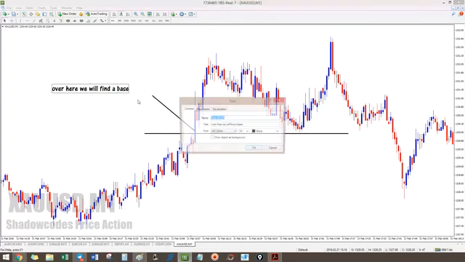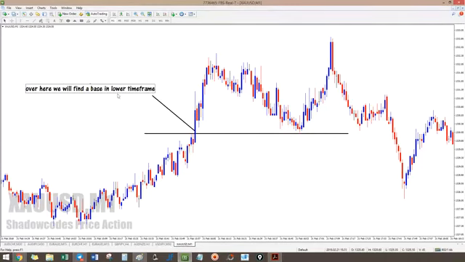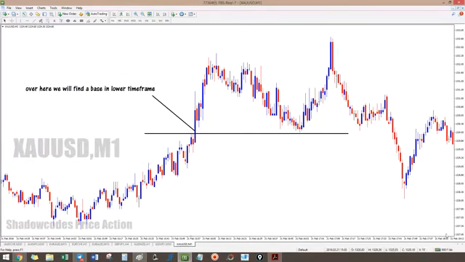Over here we will find a base in a lower time frame. But this is an M1 chart, so we cannot go any deeper than M1.